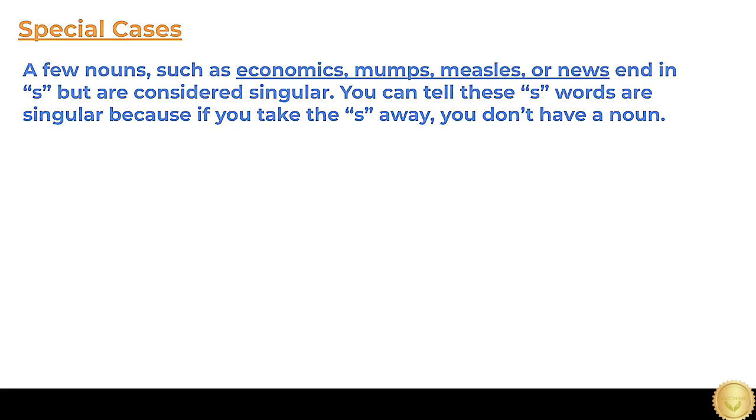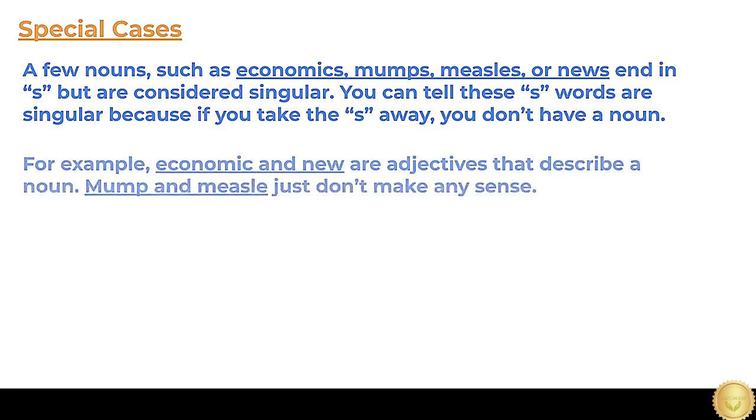Special cases. Any special cases here? Well, a few nouns such as economics, mumps, measles, or news end in S, but in fact they are considered singular. And a little tip for you, if you take away the S, you don't have a noun. So, for example, economic and new are in fact adjectives that describe a noun.